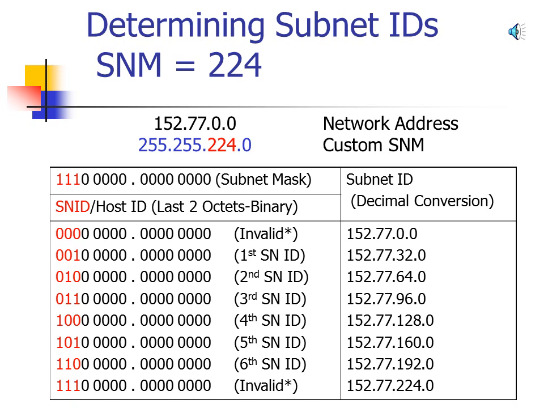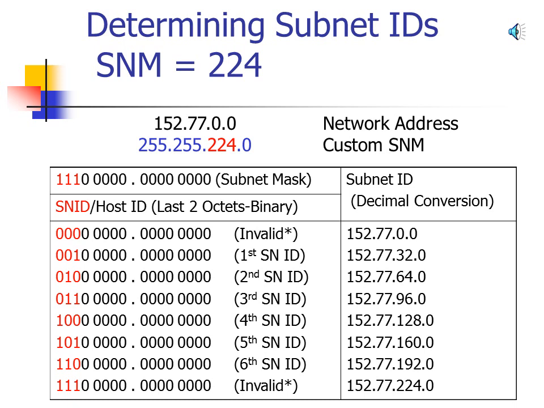The first actual subnet ID we could use in binary would be 001. The second subnet ID in binary, again focusing on the red portion, would be 010, then 011, and all the way down to 111, throwing out 111.